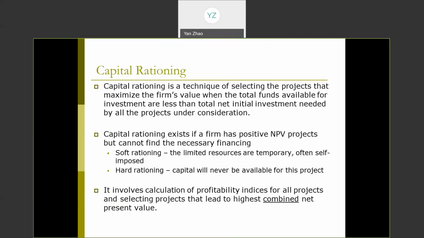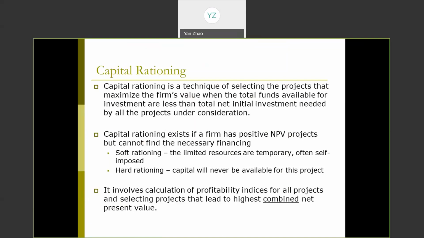So the CEO may allocate $10 to each department. But if one department finds a super good investment opportunity which requires $15 investment, although the department doesn't have enough money to do it, it can always report to the CFO and ask for more money. So the CFO may reallocate $5 from other departments to do the project. So that is one example of soft rationing.